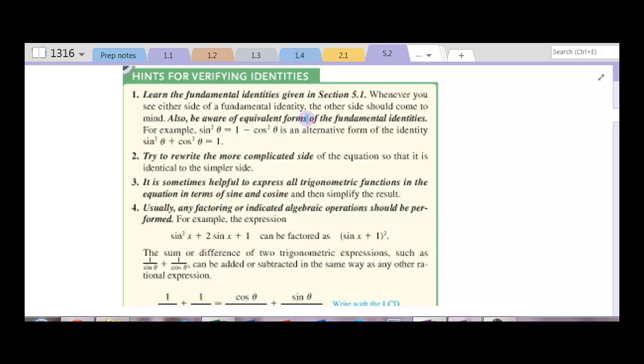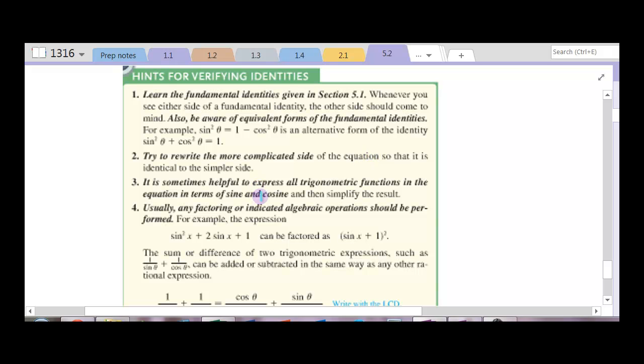Become very, very familiar with them and understand that there's more than one way to write those identities. Another thing to keep in mind is we want to try to rewrite the more complicated side so that it looks like the simpler side, or in other words, turn the really hard side into the easier side. That's an approach that you want to take.